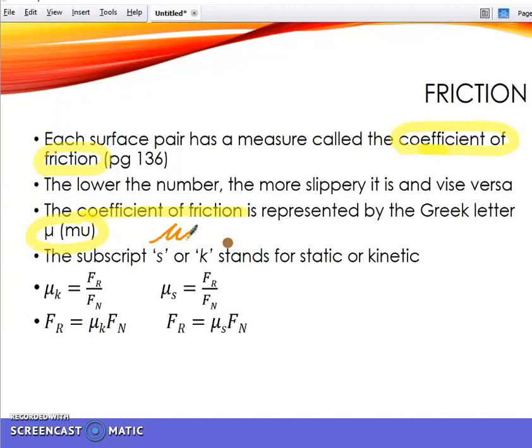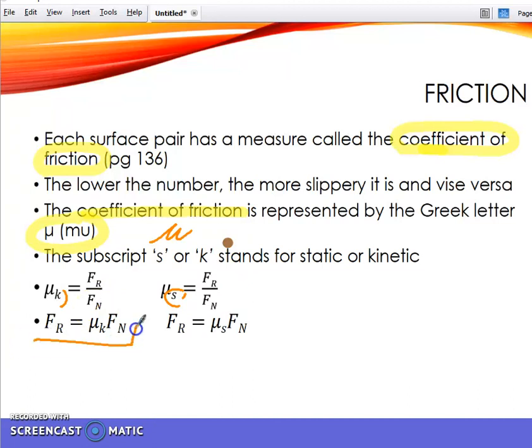So the subscript S and K, as you notice here, stand for static and kinetic. Now the equations are the same. Mu K is equal to the ratio of the friction divided by the normal. So it's actually kind of a ratio.